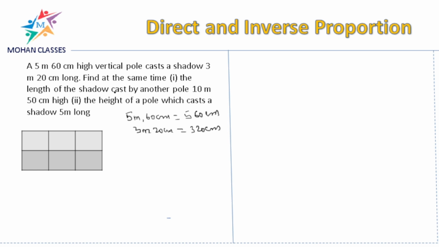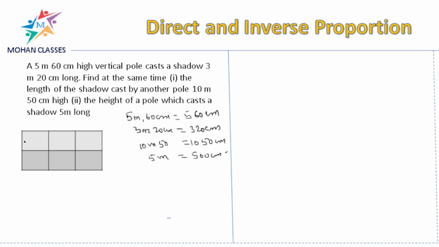Find the length of the shadow by 10 meter 50 centimeter. So 10 meter 50 centimeter can be written as 1050 centimeter, and the another one is 5 meter long. 5 meter will be converted as 500 centimeter. Now we have to put it in the box.